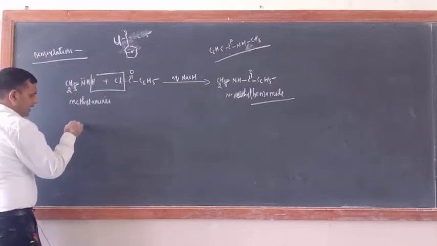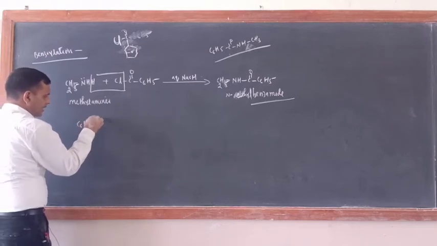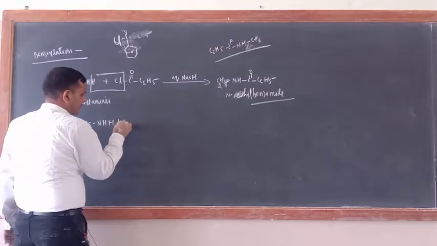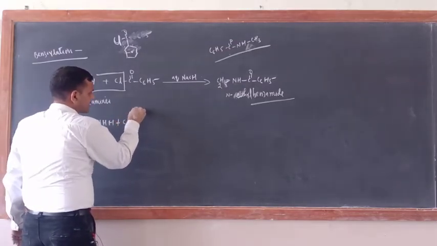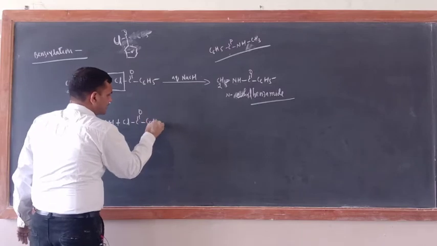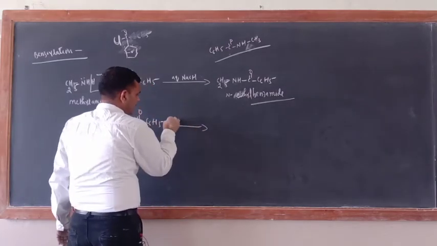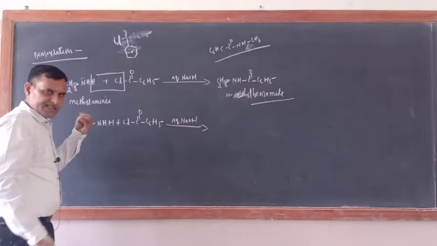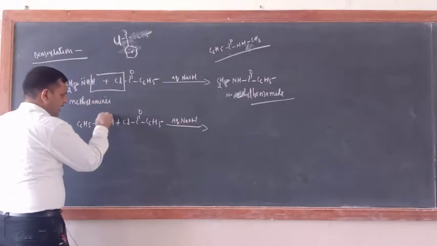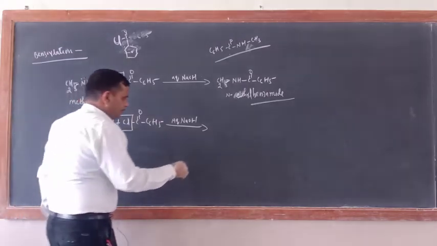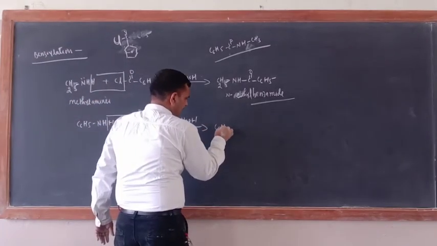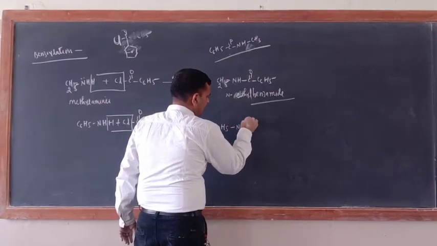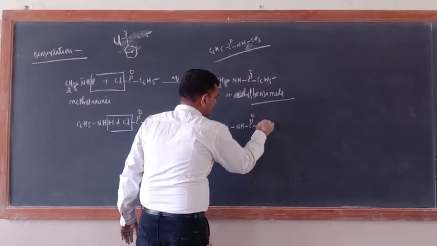You can take aniline also. C6H5 and H and H, plus Cl C6H5CO, with aqueous NaOH. Setting is required here. So now here H and here Cl. What is the product here? C6H5, NH, C double bond O, C6H5.